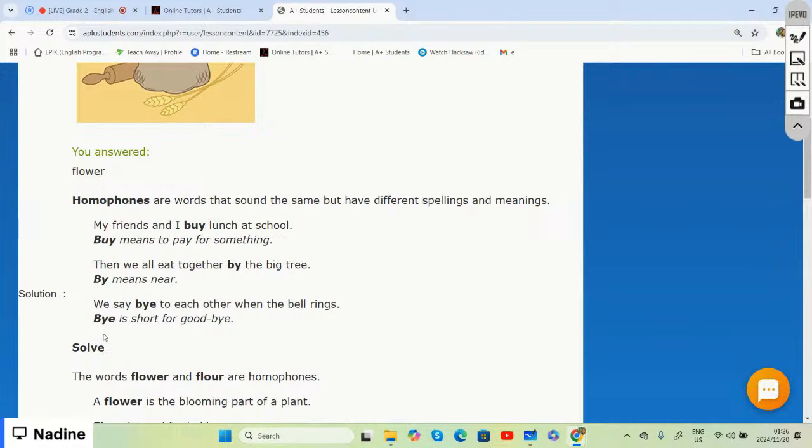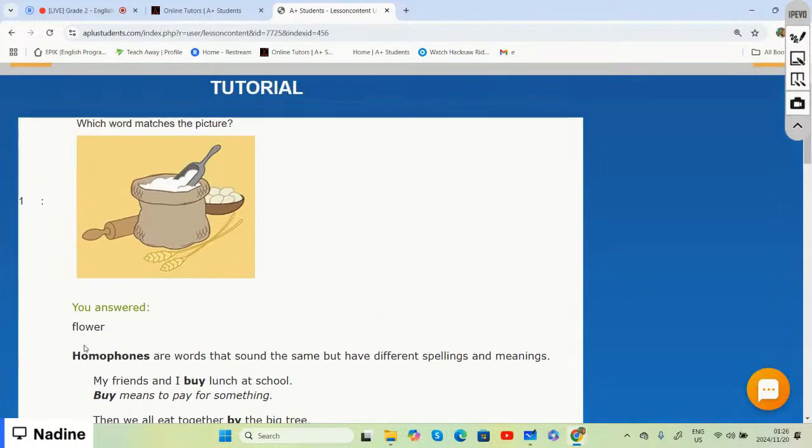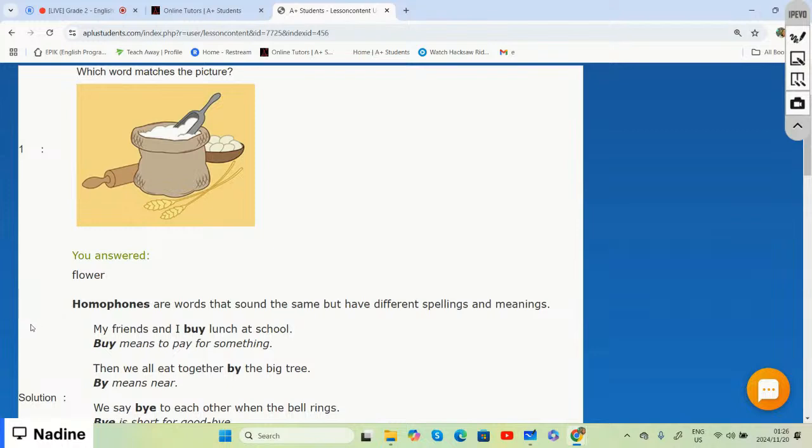Three different words that sound the same, but the spelling of the words as well as the meaning of the words are different. This is grade 2. Grade 3 is after this. The next class after this class.